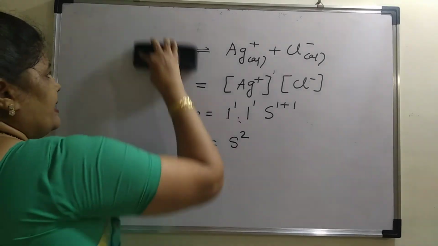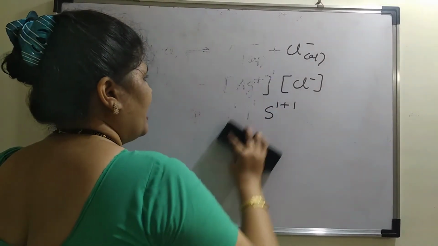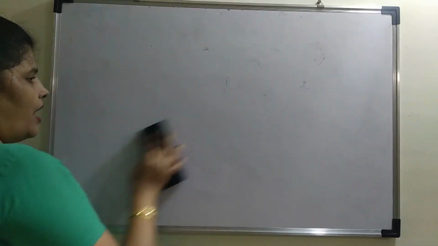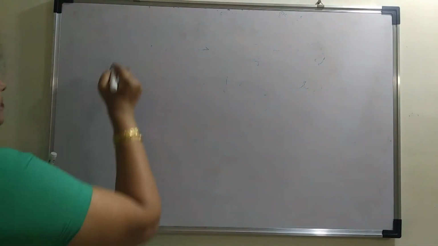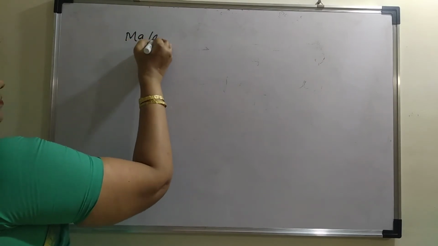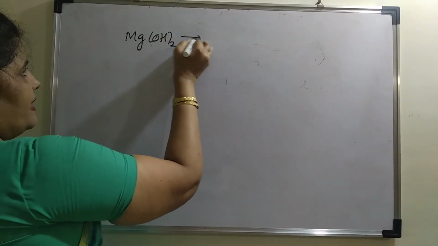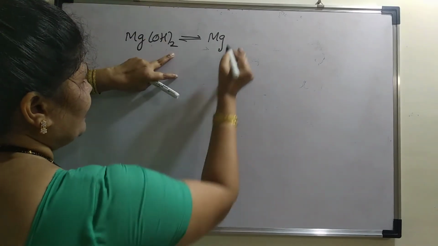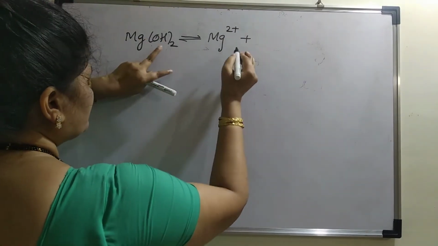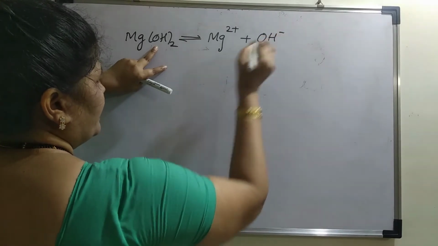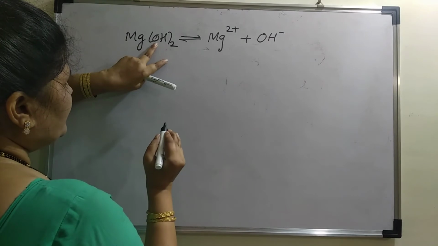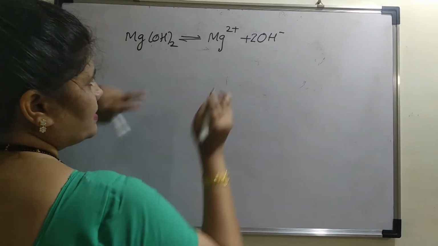Let us take a few more examples. The second example is magnesium hydroxide, Mg(OH)2. How will I split this? This will give me Mg, see the opposite charge, 2 plus, and OH minus. For this, there is 1 here, so I will mark 1. For this, it is 2 here, so I will mark this 2.